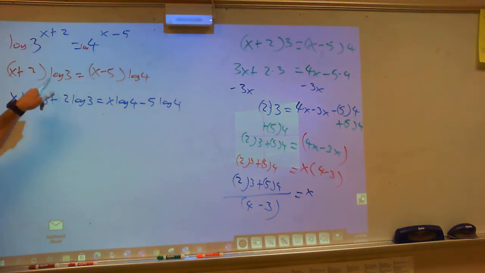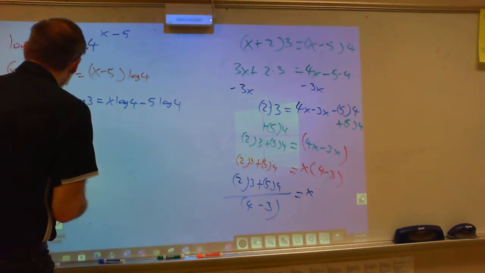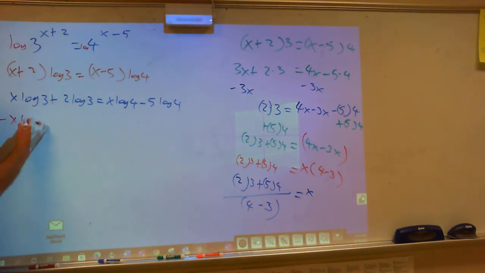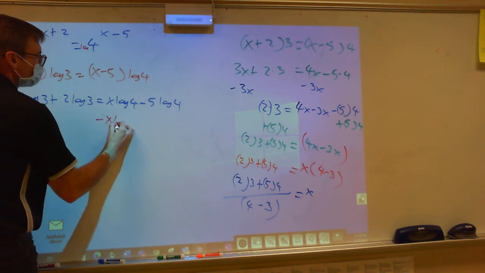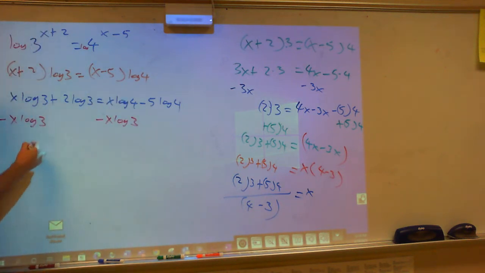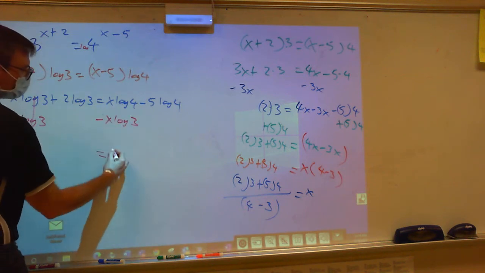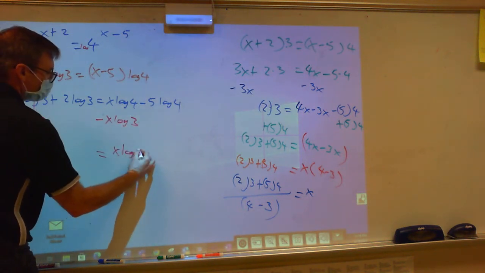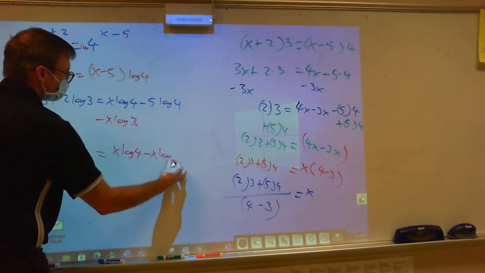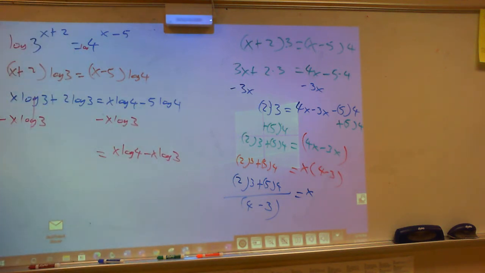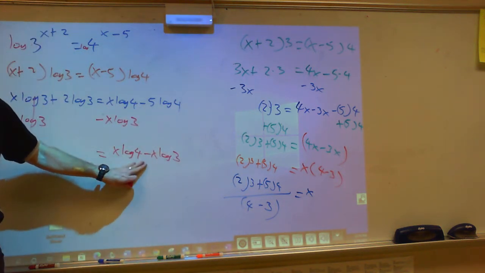I'm going to subtract x log 3 from both sides. So I'm going to subtract x log 3 minus x log 3, right? This cancels. And this is going to give me x log 4 minus x log 3, right? Okay, we got our x's on the right-hand side.